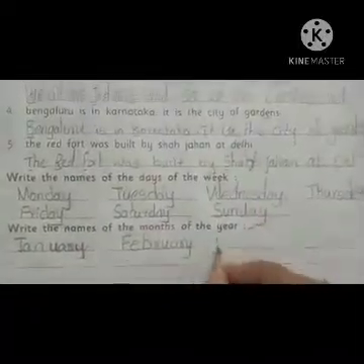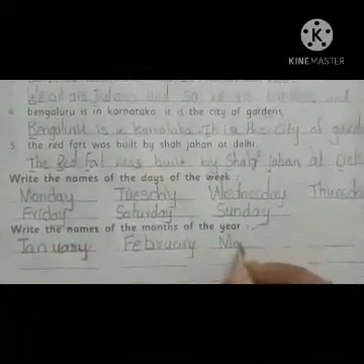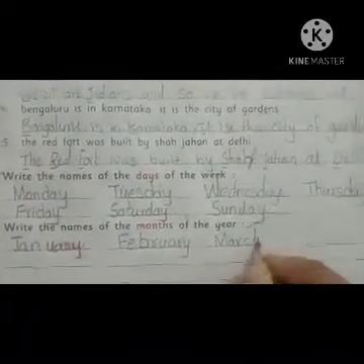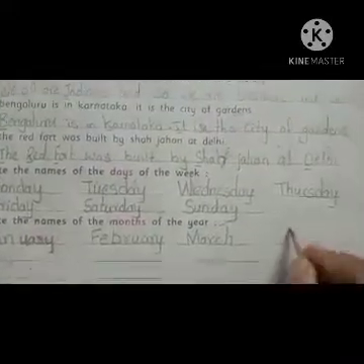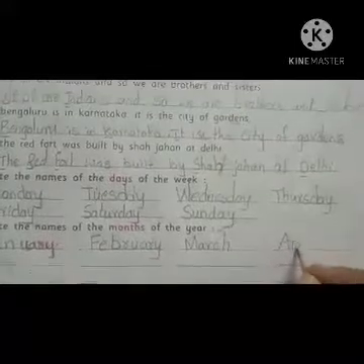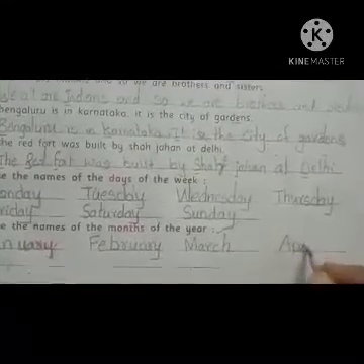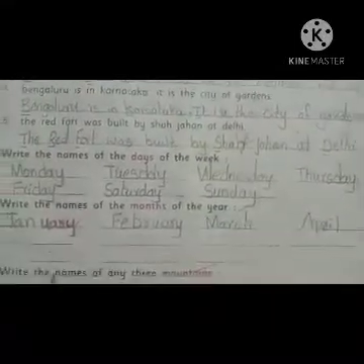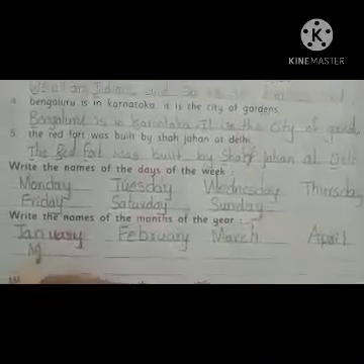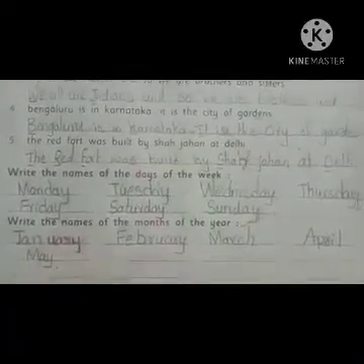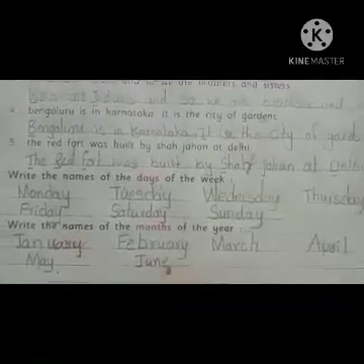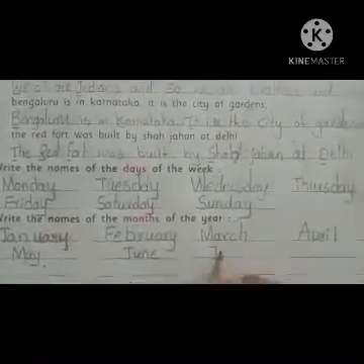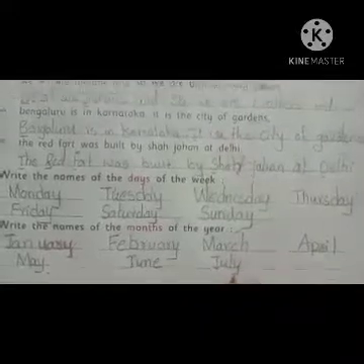February. March, M-A-R-C-H. March. After March, April, A-P-R-I-L. April. Next, May. J-U-N-E. June. J-U-L-Y. July.